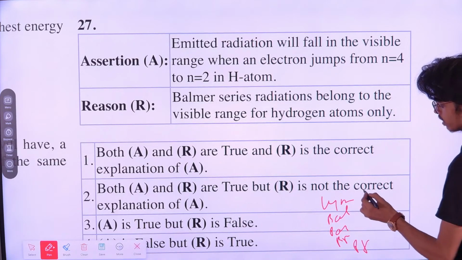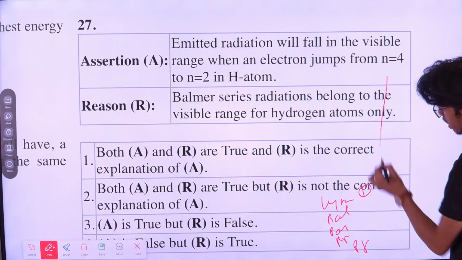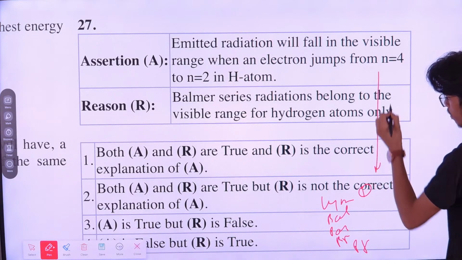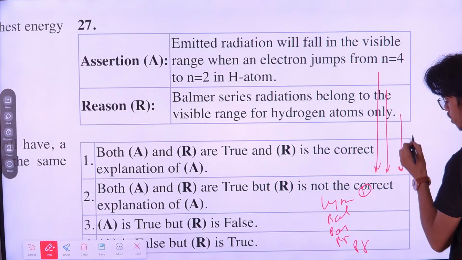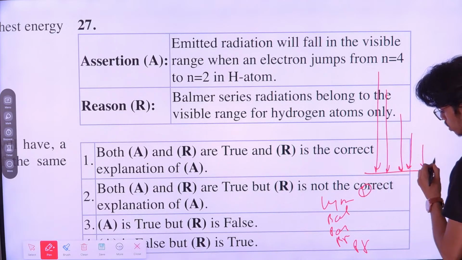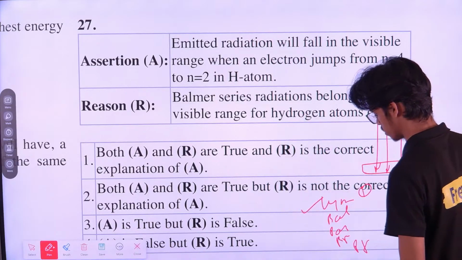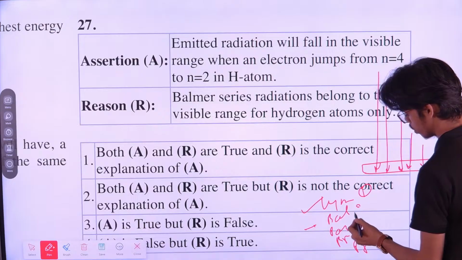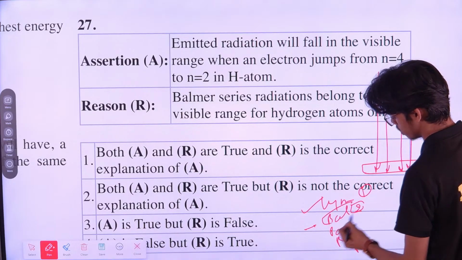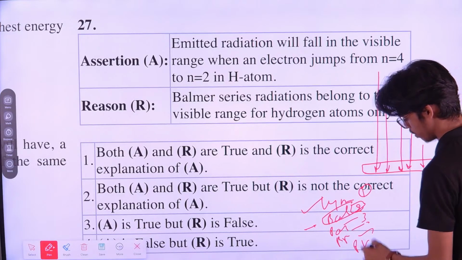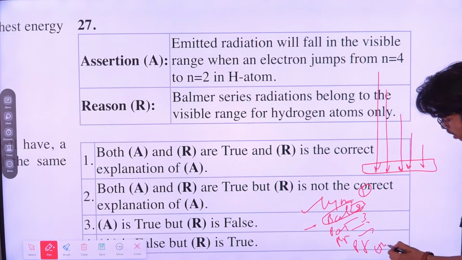If the electron falls from any level to level 1, those series of lines are called the Lyman series. If it falls to level number 2, these are called the Balmer series. Same way 3, 4, 5: Paschen, Brackett, Pfund, and then there is the Humphrey series.